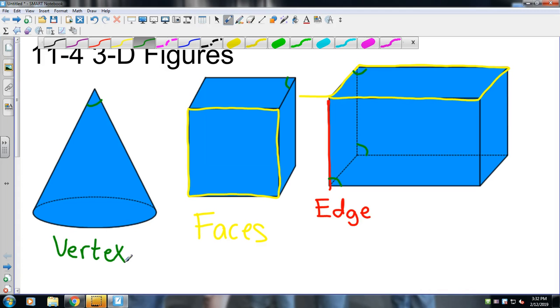And so looking at the two on the right, these are polyhedron. A polyhedron is a solid that's bounded by polygons that are faces. And so technically, if we look at a cone or something like that, since we've got round on the bottom, then it's not a polyhedron.